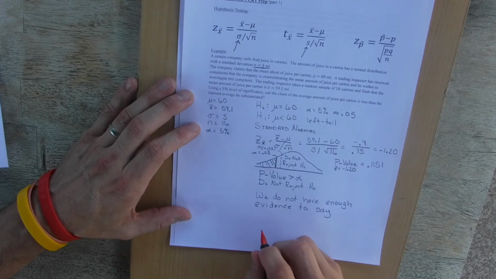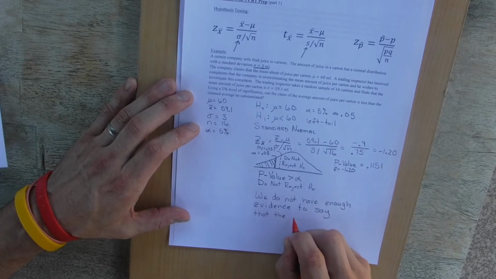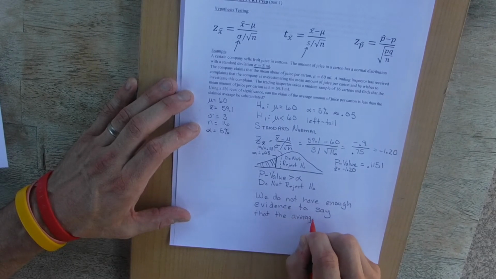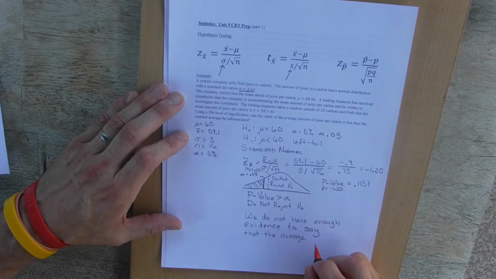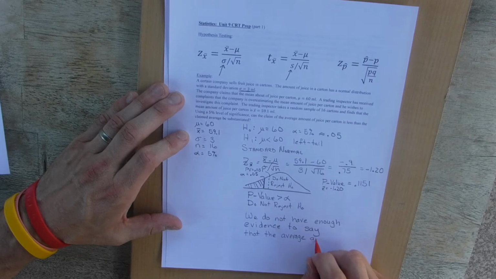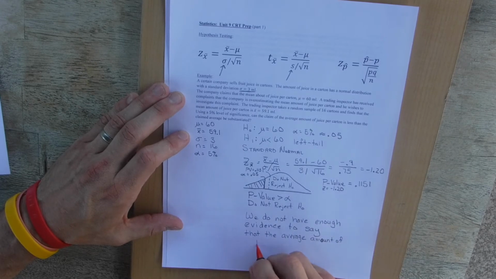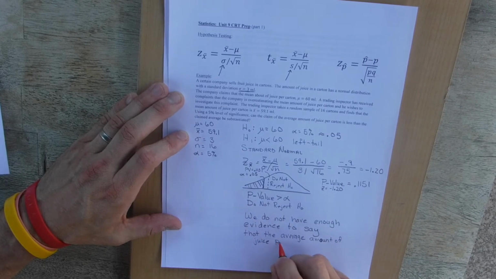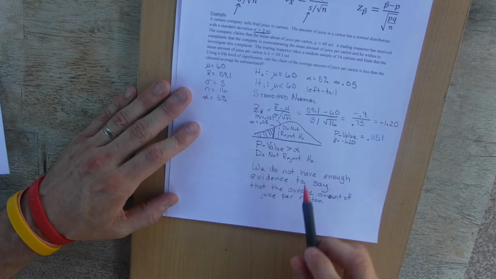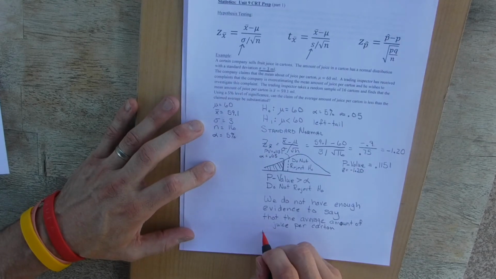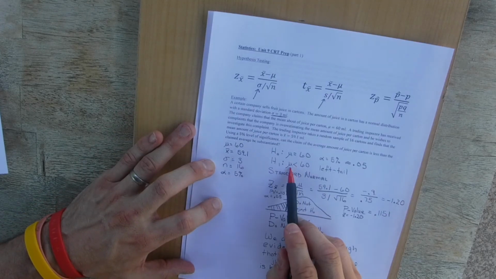So we do not have enough evidence to say that the average, and let's add context of the problem, the average amount of juice per carton is less than 60.